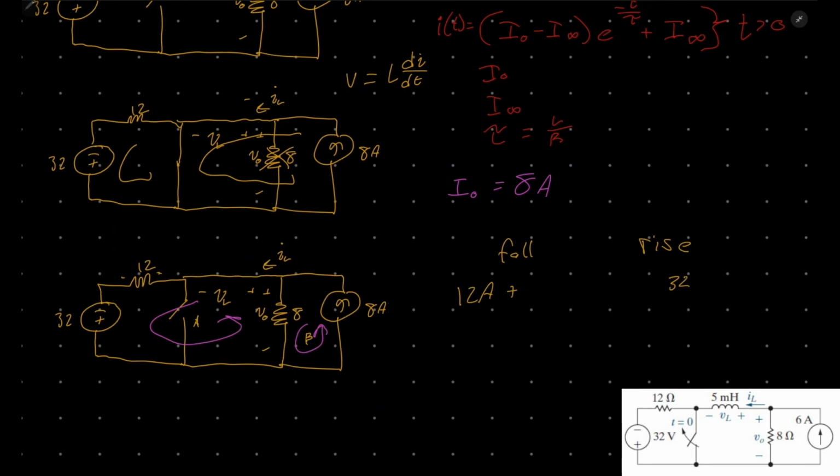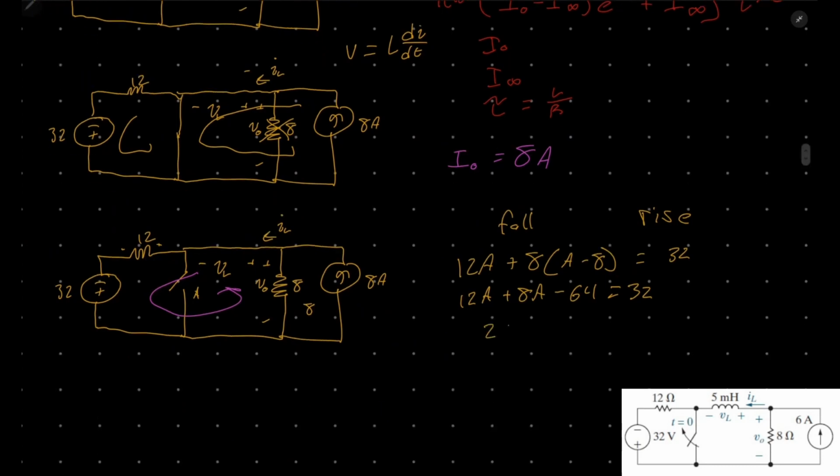And now we have this 8A minus 8, and then our equal sign. Also, this shouldn't be B. This should just be 8 because we already know the current going through here. Okay, so now let's solve. We will get 12A plus 8A minus 64 equals 32. 32 plus 64 gives us 96.